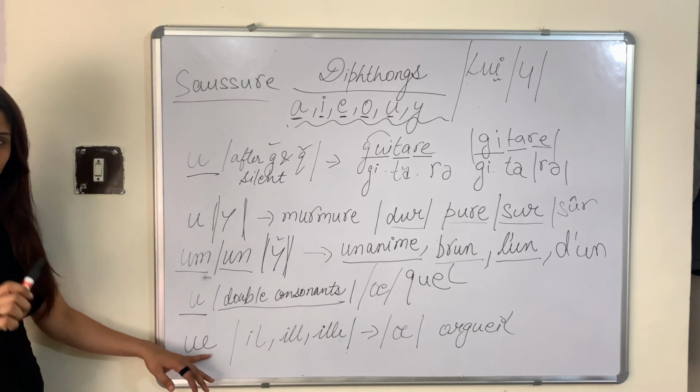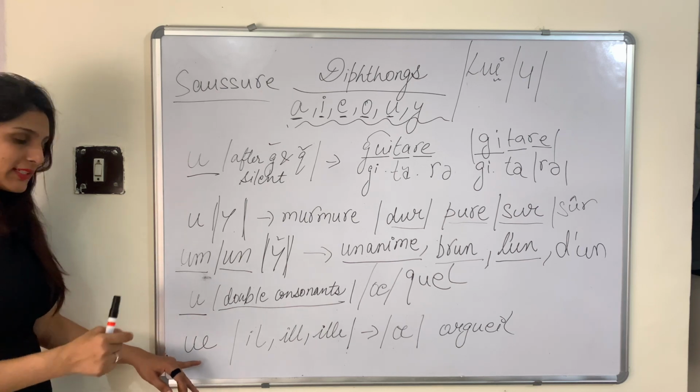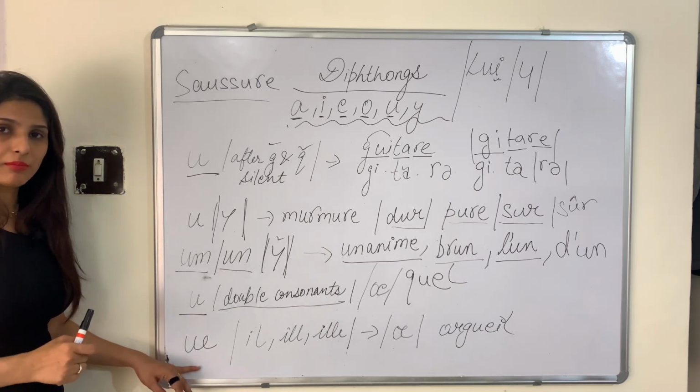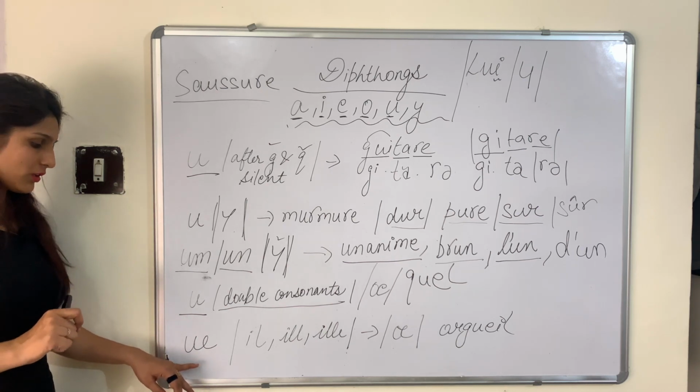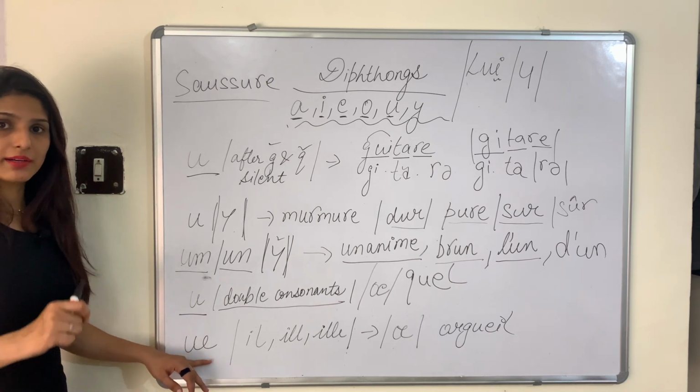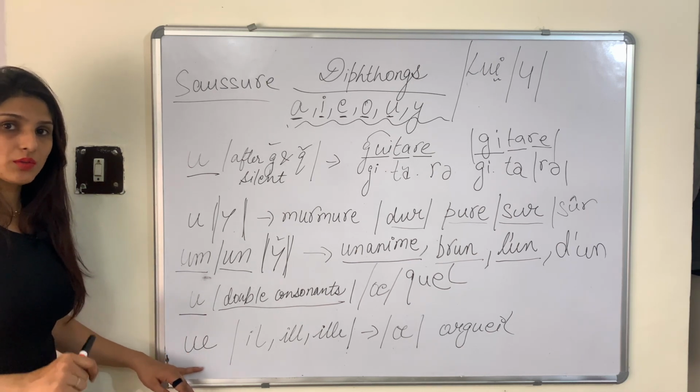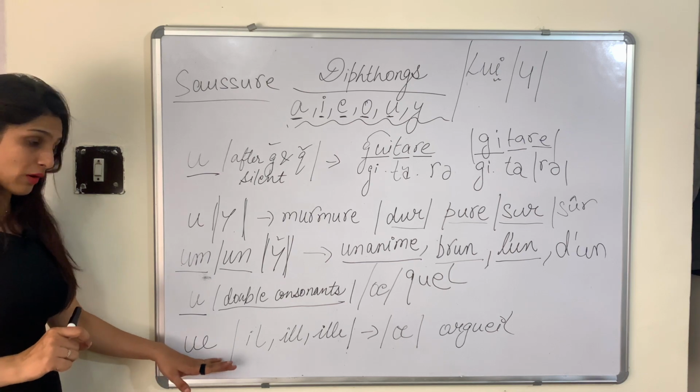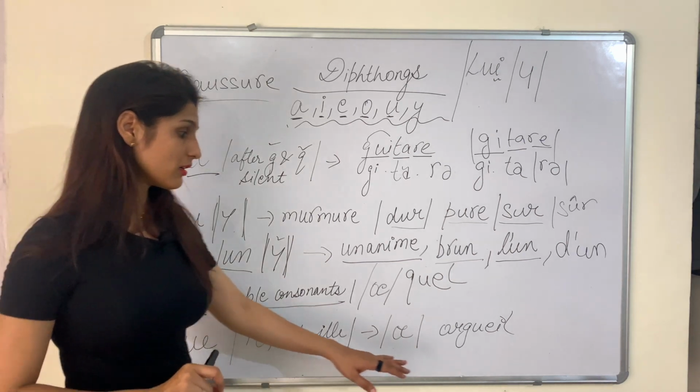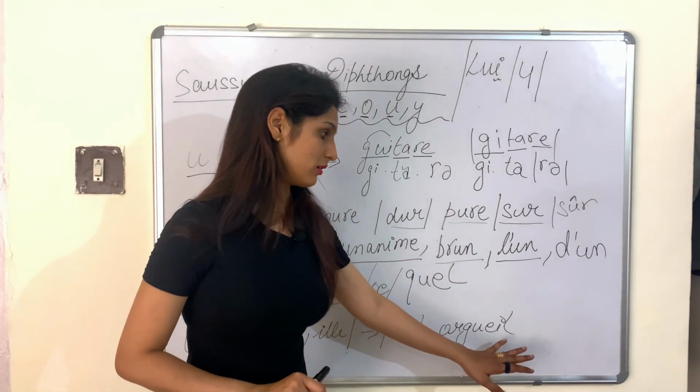This UE, whenever you see U and E together, the sound will become that of the letter U and E together, forming a sound like in the word orgueil.